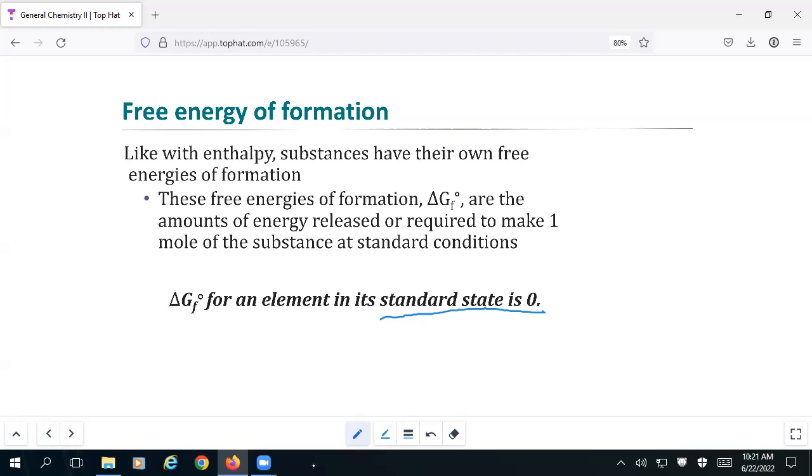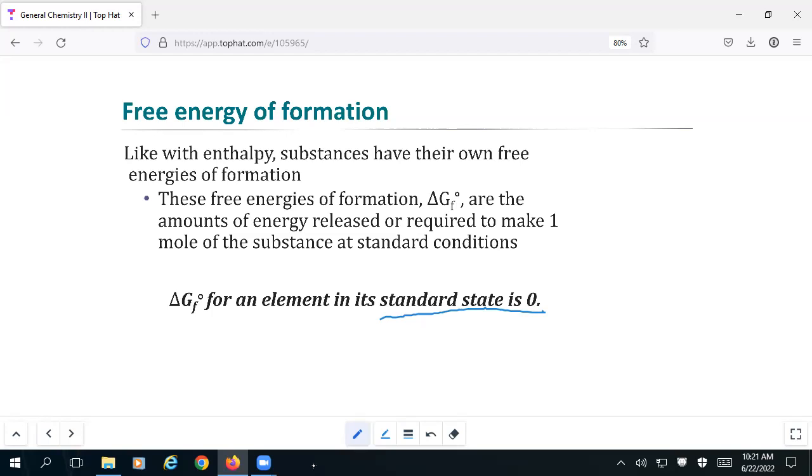Now, it can get a little bit tricky if you start looking at some of those non-metallic elements that have multiple allotropes. So for carbon, for example, we want to look for graphite as opposed to diamond. Free energy of formation for carbon as graphite is 0.